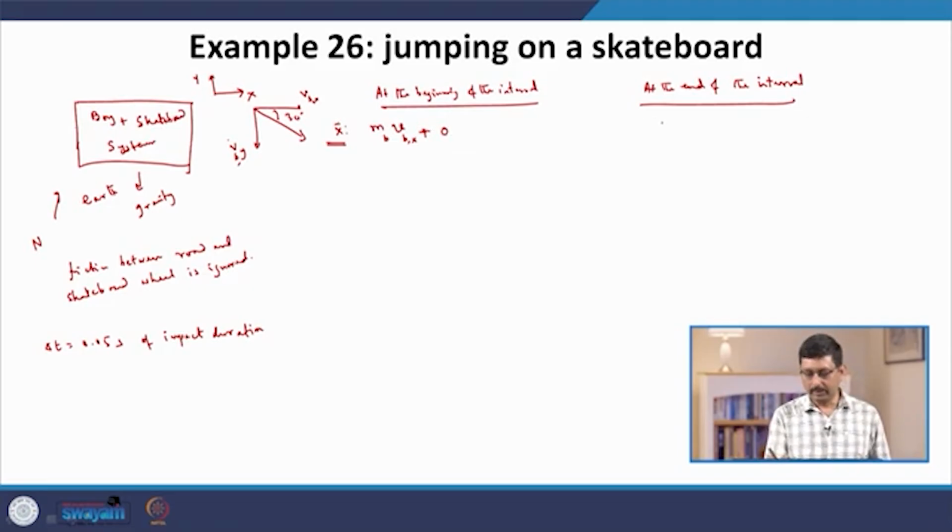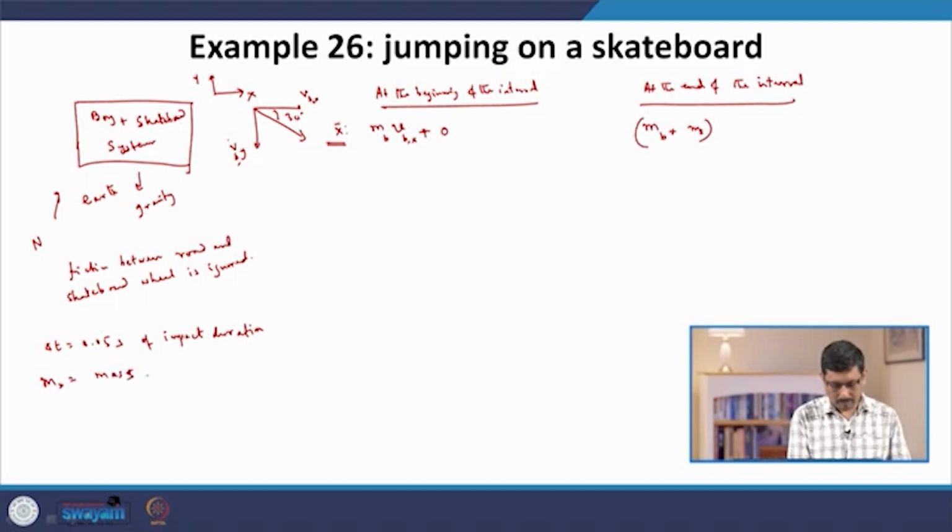At the end of the interval, the boy and skateboard are moving together. So, let us say mb equal to mass of boy, which is 40 kg, and ms is mass of skateboard, which is 5 kg.